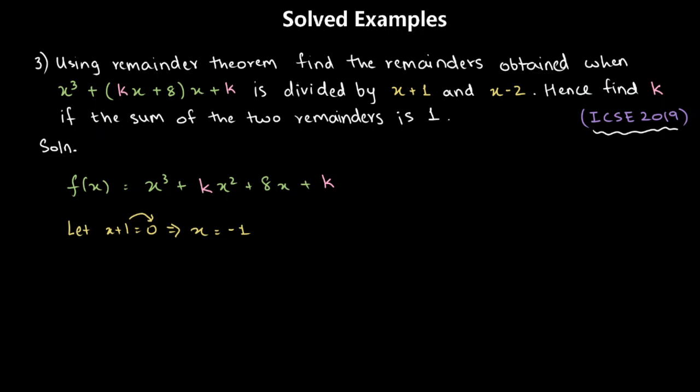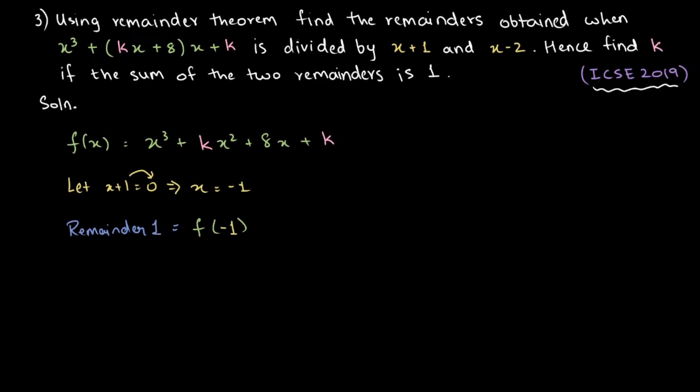And according to the remainder theorem, the remainder, since this is the first case that we're dealing with, so we call this the remainder 1, is equal to nothing but the function, but instead of x this time, I'm going to take minus 1, f of minus 1. Okay, so let's do the honors and find the value of the remainder.